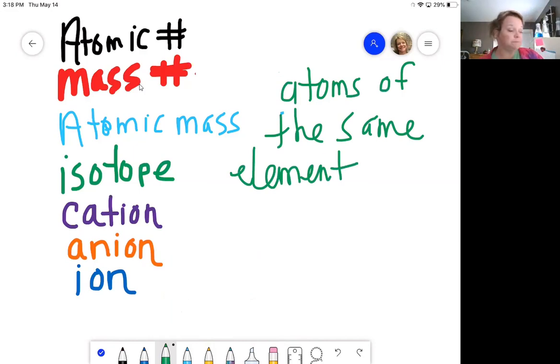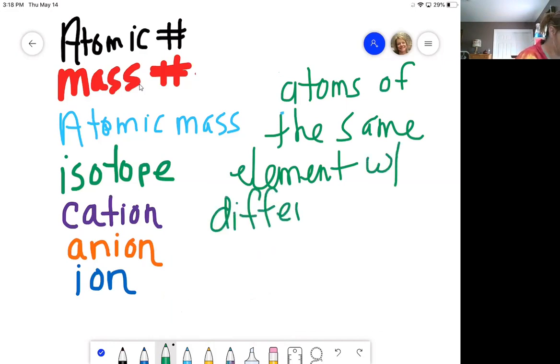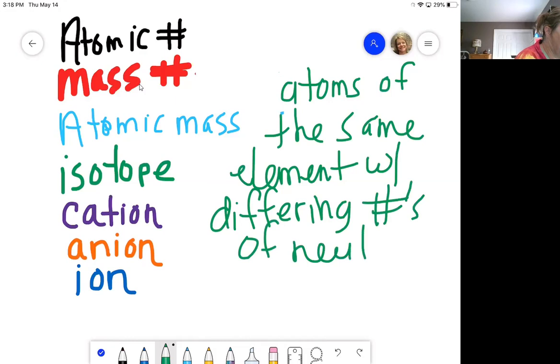If I'm talking about isotopes of carbon, it's all of the atoms that have 6 protons, but then some of them will have different numbers of neutrons. So atoms of the same element with differing numbers of neutrons makes them just a little bit different. They're still carbon. It's just carbon that acts a little different.